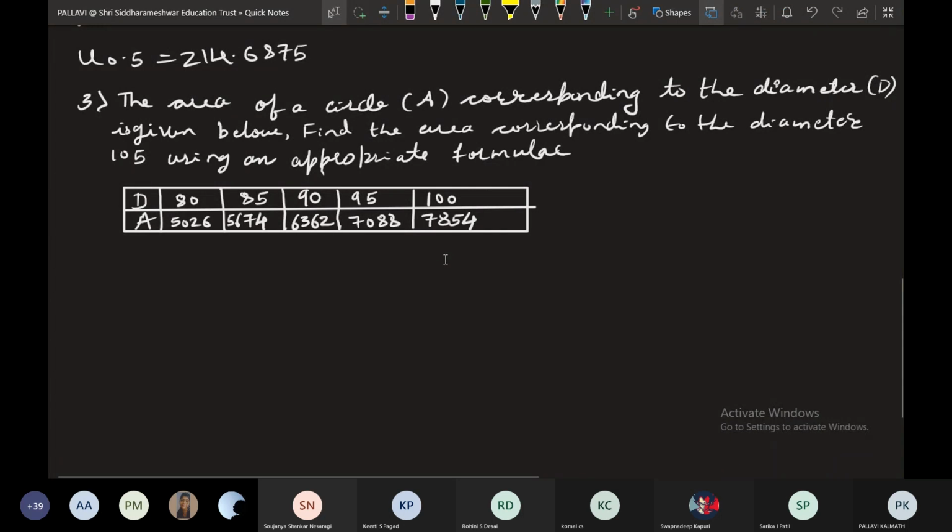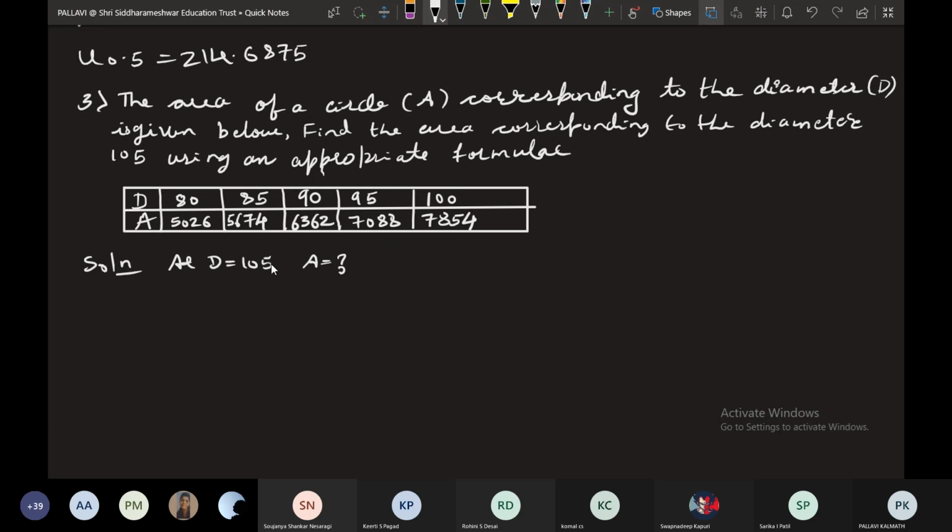See, this data is clear. So they have told you to find the area corresponding to the diameter. Diameter is how much? 105 using an appropriate formula. So you tell me at what diameter the question is asked to find the area? 105. At diameter 105, you are going to find what is the area, right?